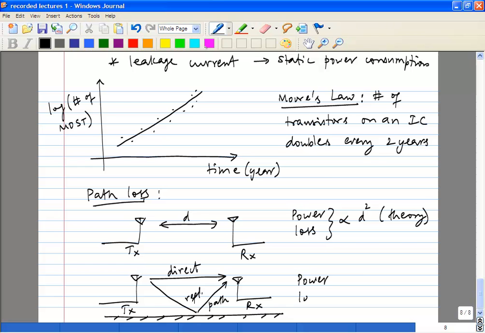What you can find is that the power loss is empirically proportional to the fourth power of the distance.